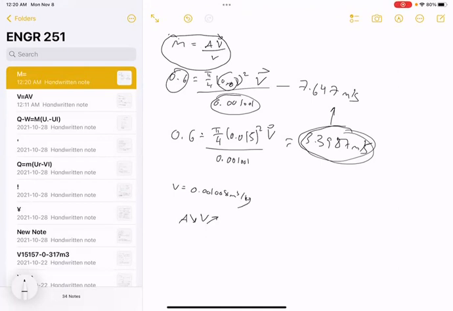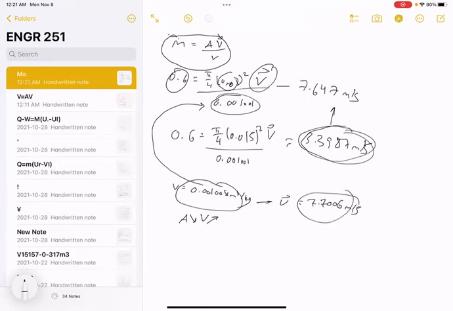Just looking at the inlet, if we replace the specific volume here and recalculate V, we will get V equals 7.7006 meters per second. We can see that it's different, but it's not much different.